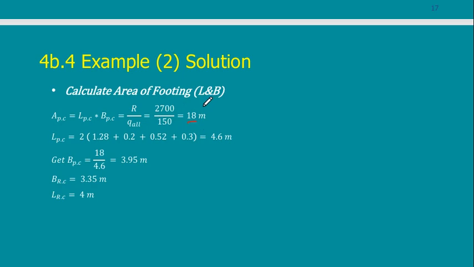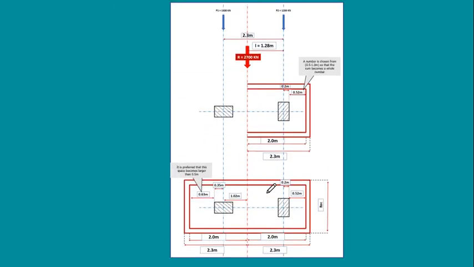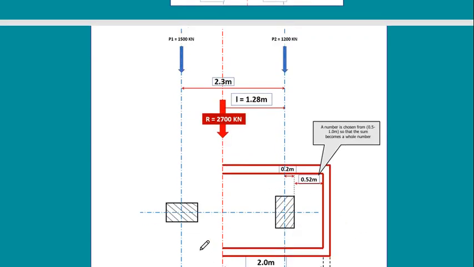It should be 18 meters squared, because 18 meters squared is the area of the required new combined footing. So this area should be equal to what? Let's go to this.